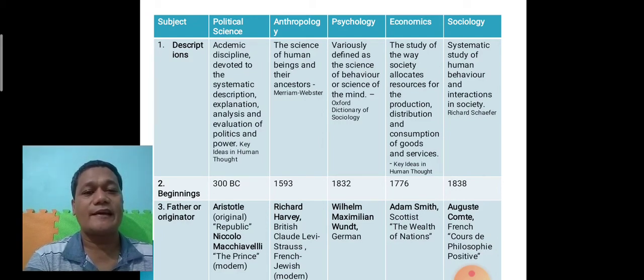So political science, basically, ay during the time of Aristotle, meron na. In fact, may sinulat si Aristotle. Sorry, nagkamali ako. Hindi si Aristotle, si Plato sa kanyang Republic. Ano, yung kanyang sinulat na Republic. So, even during the time of Plato, ay meron na talagang idea ng political science.